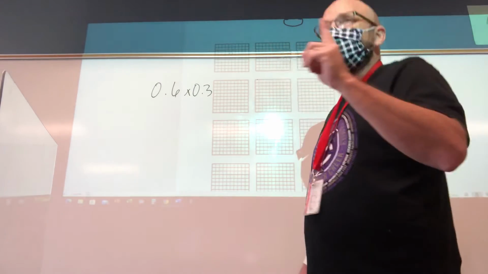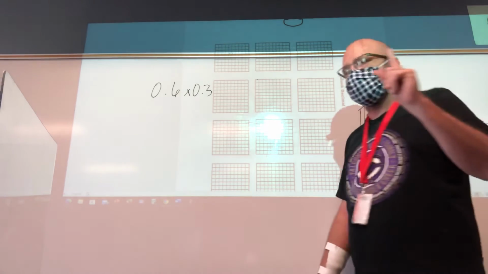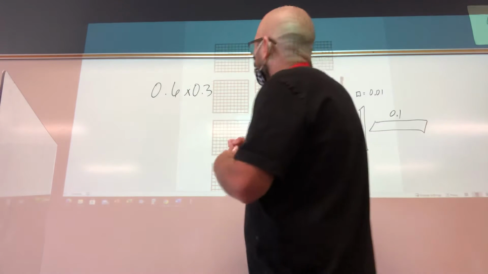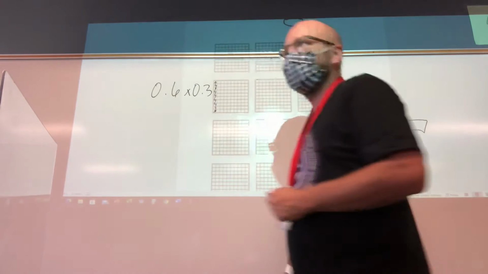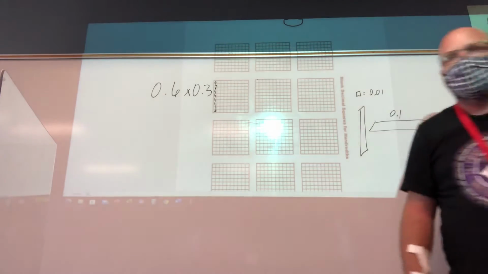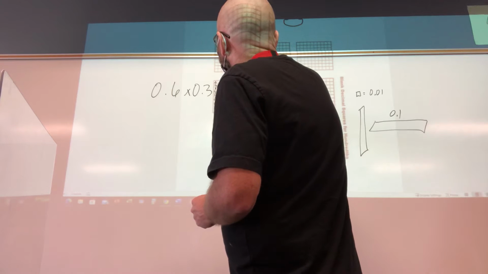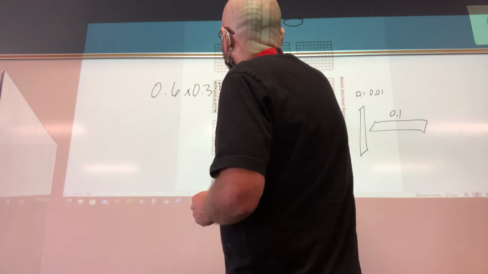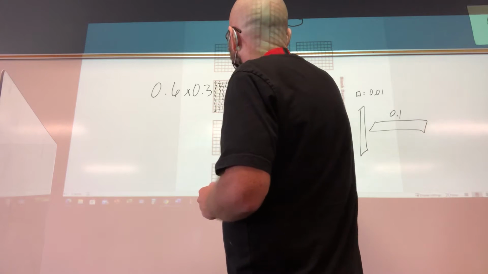All right. So step 1 on doing this is we take the first number and you color in 6 rows or 6 columns, however you want to do it, but you should have 6/10 shaded in. That's 1/10 right there. You're going to do that 6 times. 2/10, 3/10, 4/10, 5/10, 6/10.